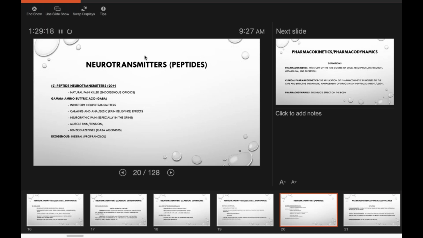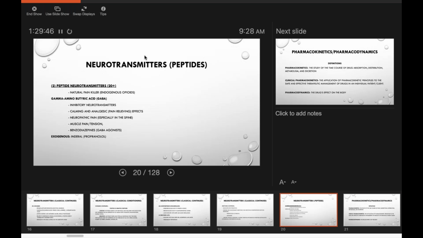It's going to slow down the likelihood of an action potential. So say for example, when we talk about neuronal firing, it's firing too much with pain. So we want GABA to kick in to slow down the firing, which is why it's called inhibitory.